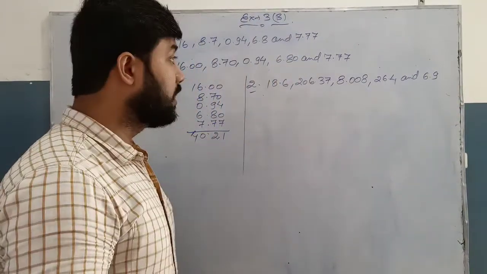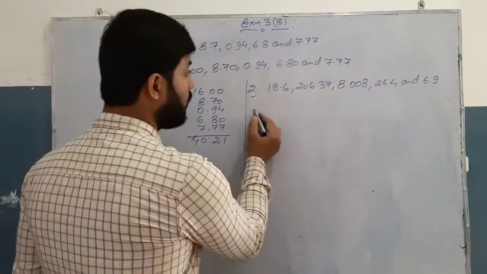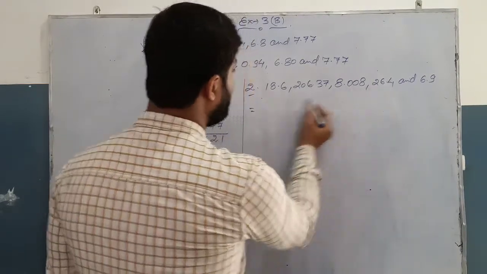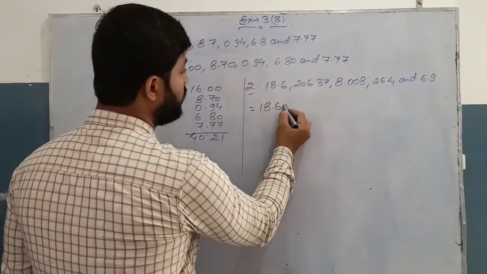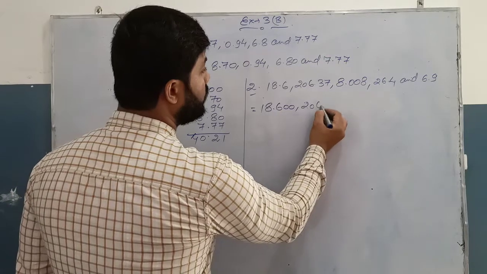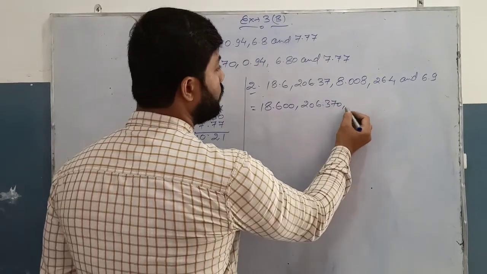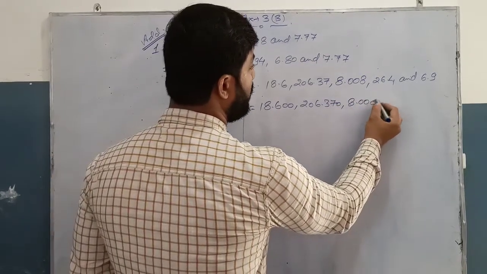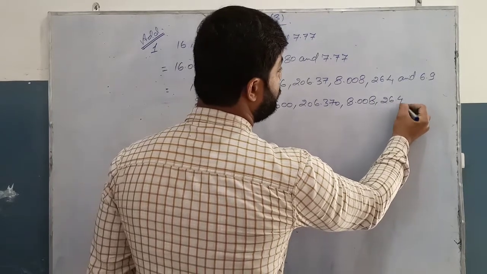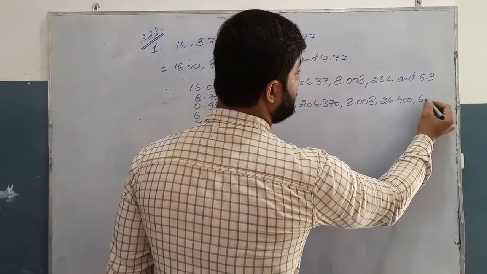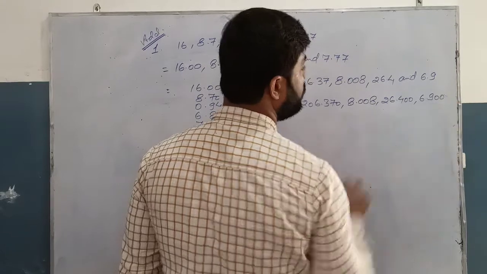At first we have to convert them into like decimals. The maximum number of digits after the decimal is 3. So 18.600, 206.370, 8.008, 26.400 and 6.900.